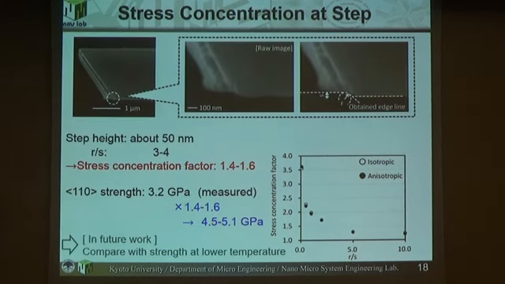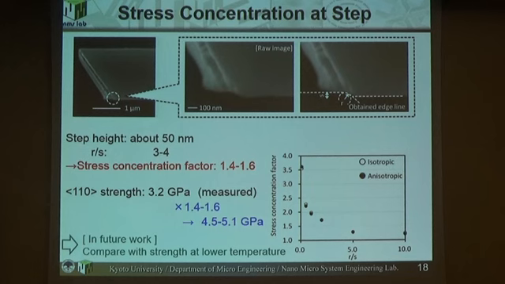Through observation of this step after fracture of the samples, we got a step height of about 50 nanometers, and the ratio of the radius to the step height is 3 to 4, which results in a stress concentration factor of 1.4 to 1.6. Considering this factor, the lower tensile strength of the 110 specimen can be explained using this stress concentration factor.